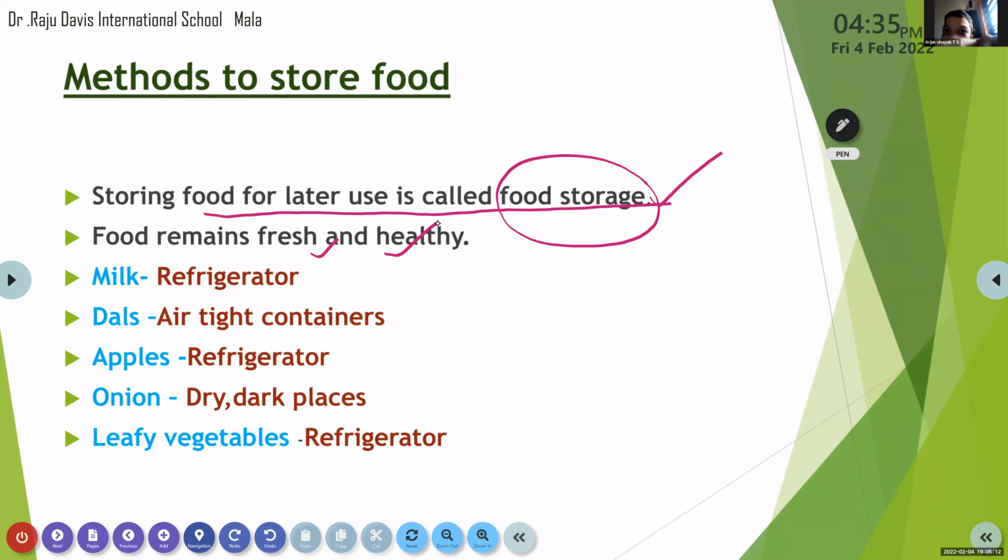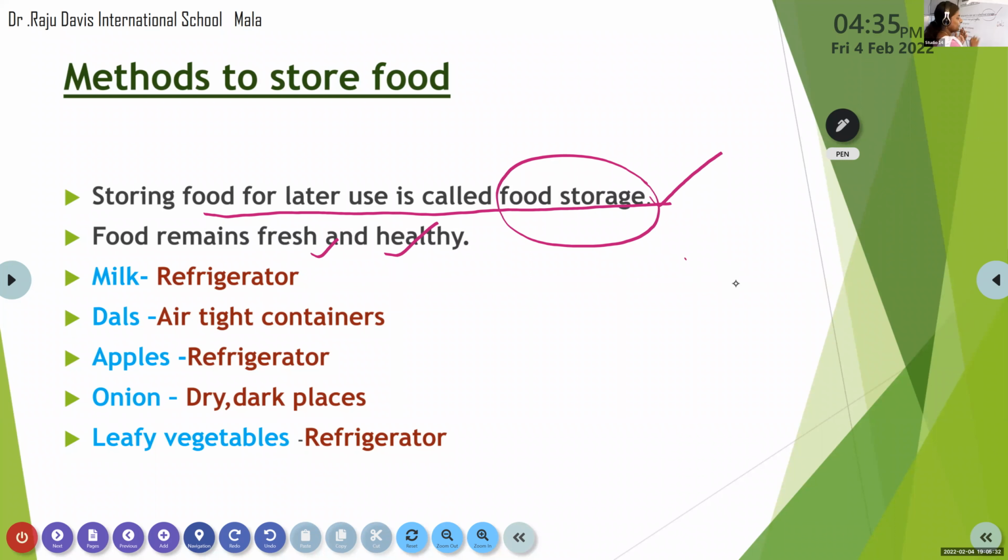In our house, we store so many food items. Which are the food items we store in our house? Catherine, say any one food item we can store in our house. Dals. Okay.